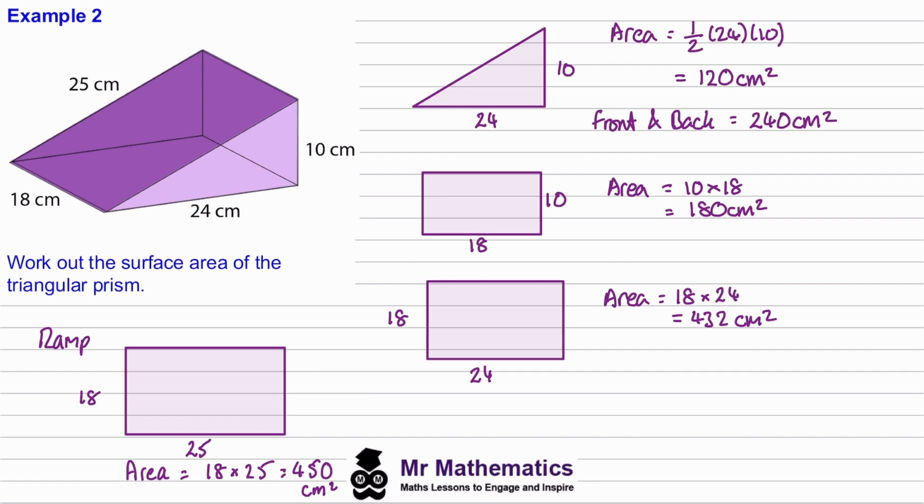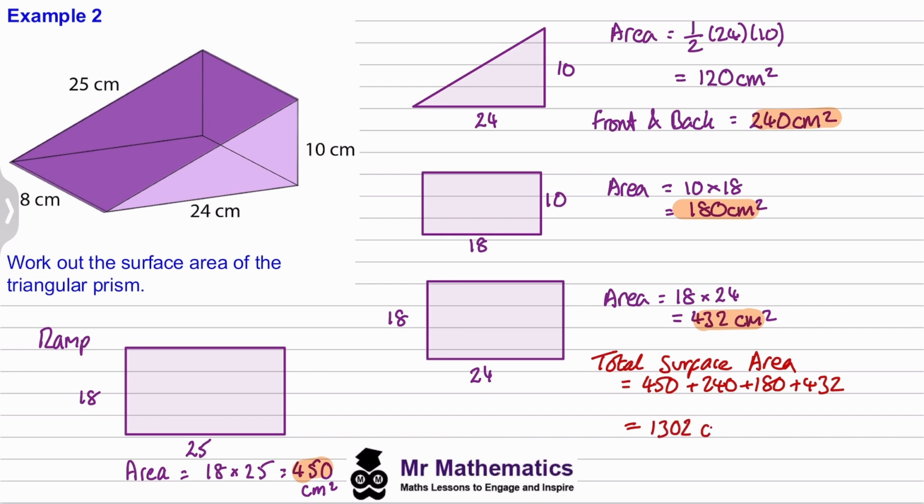So then the total surface area, all we need to do is add up the ramp, the base, the side, and the front and the back. And if we add all of these together, we get a total surface area of 1,302 centimeters squared. Okay? Let's try example 3.